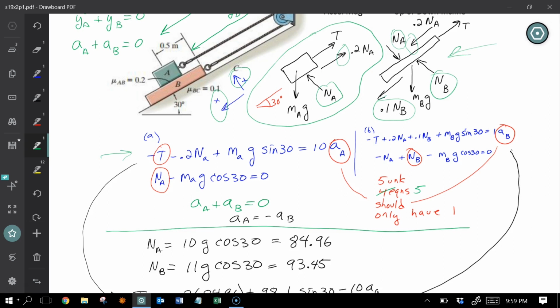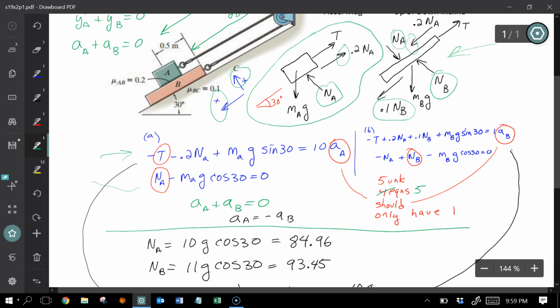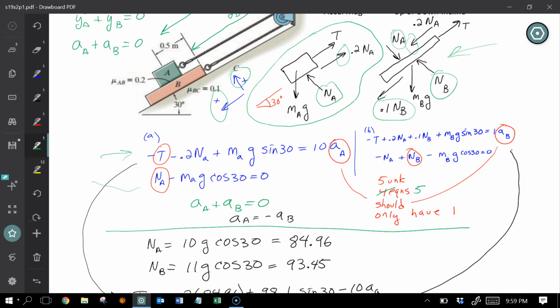That's equal to the mass that's in the free body, which is 10, times the acceleration of A. I assume it's accelerating down the incline, but I don't know. And then the second equation here is the forces perpendicular to the incline. The acceleration of that is equal to 0 because it's not moving perpendicular to the incline.